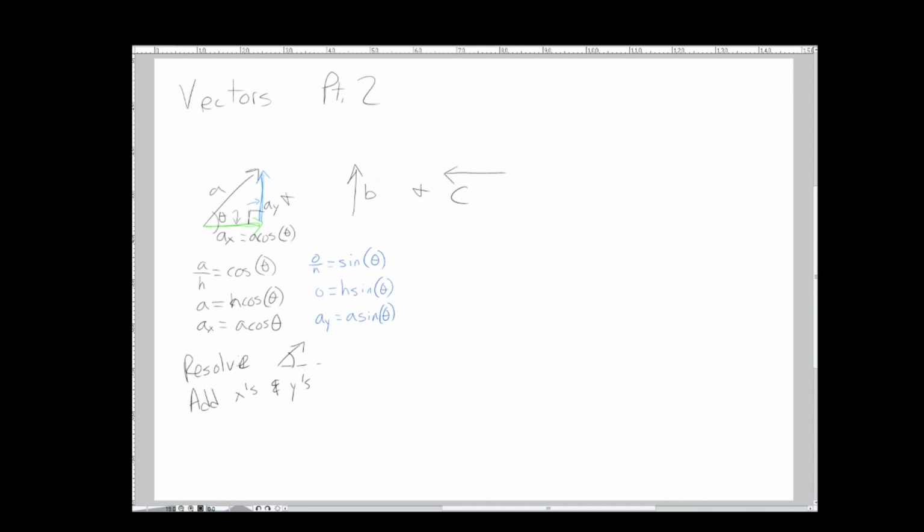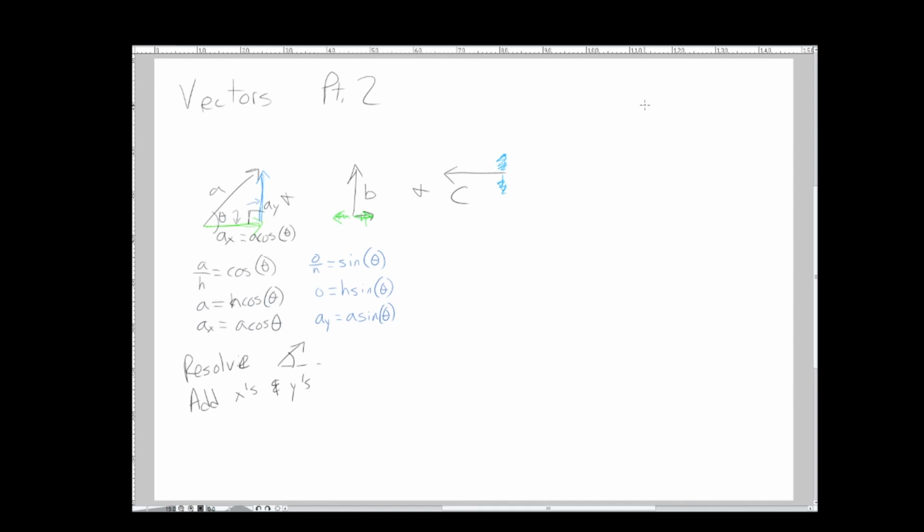So if you'll notice, B doesn't really have a horizontal component if it's perfectly straight up. C doesn't have a vertical component since it's horizontal.